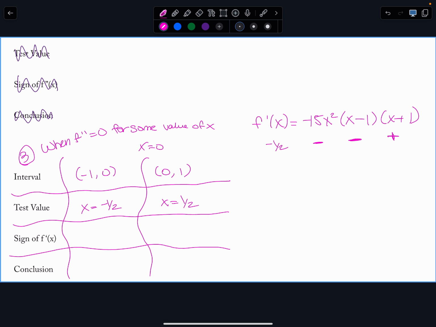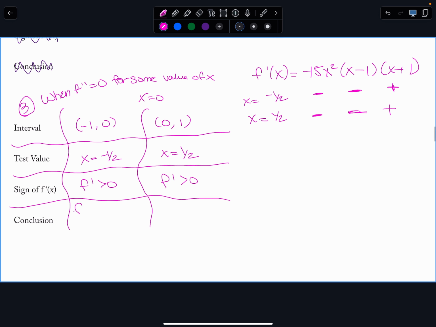So that means that overall f prime is bigger than 0. When I plug in x equals 1/2, I get a negative and a negative and a positive, so that overall I get bigger than 0. So f is increasing, and f is increasing.